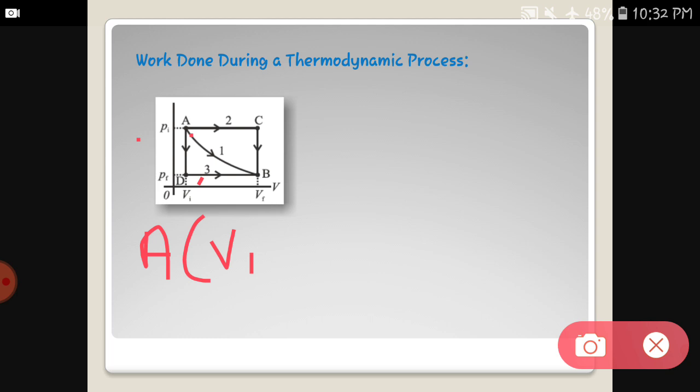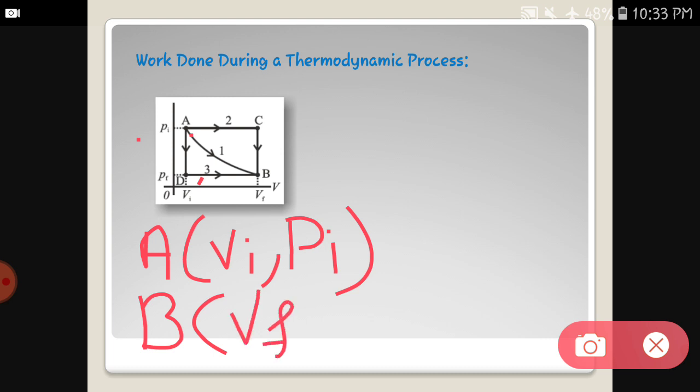So the coordinates will be Vi and Pi. This is point A. Similarly we can write for B. B has volume Vf and pressure Pf. So this is point A and point B in coordinate form.